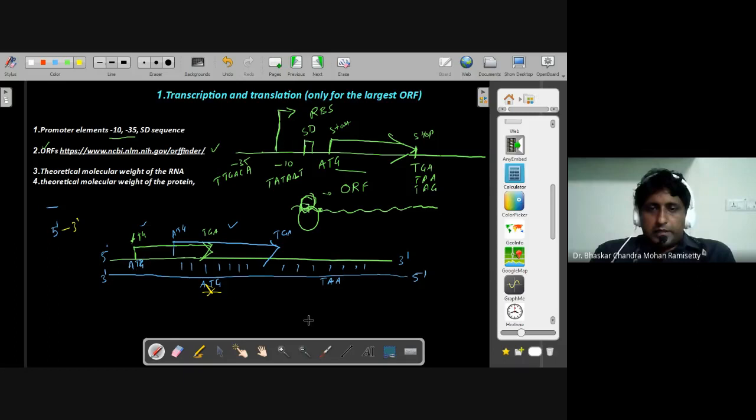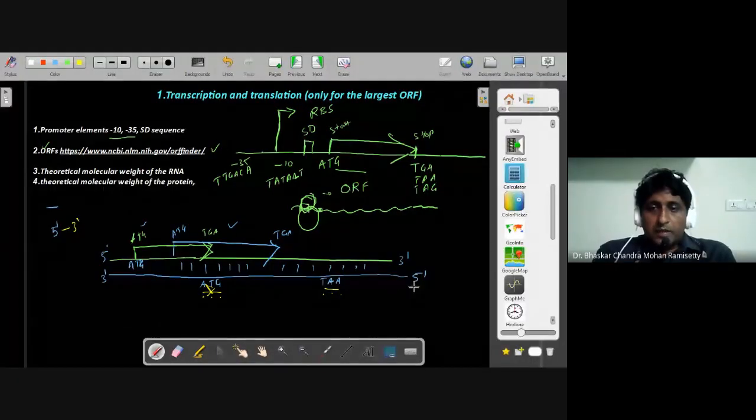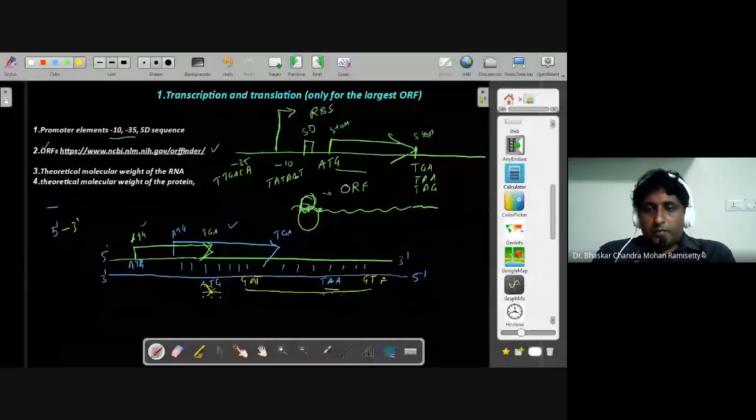So this is not a stop codon. Its actual sequence, because you have to read from 5 prime to 3 prime, is not TAA, it is actually AAT. Here this is GTA. On the complementary strand, it all depends on where you put 5 prime to 3 prime. You should have this, and this is one open reading frame.